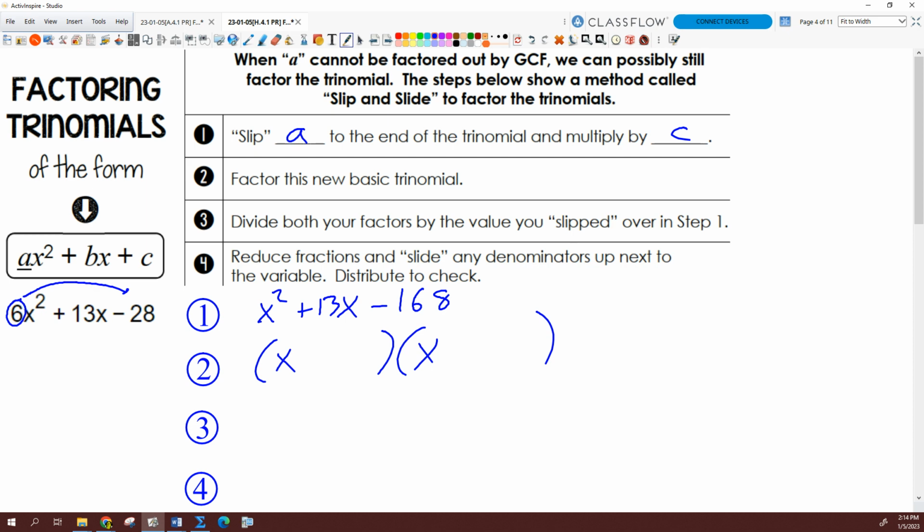What does that tell us about the magic numbers if they multiply to a negative and add to a positive? One's positive and one's negative, and the positive one is bigger, by 13. So this is going to be a plus, and that's going to be a minus.